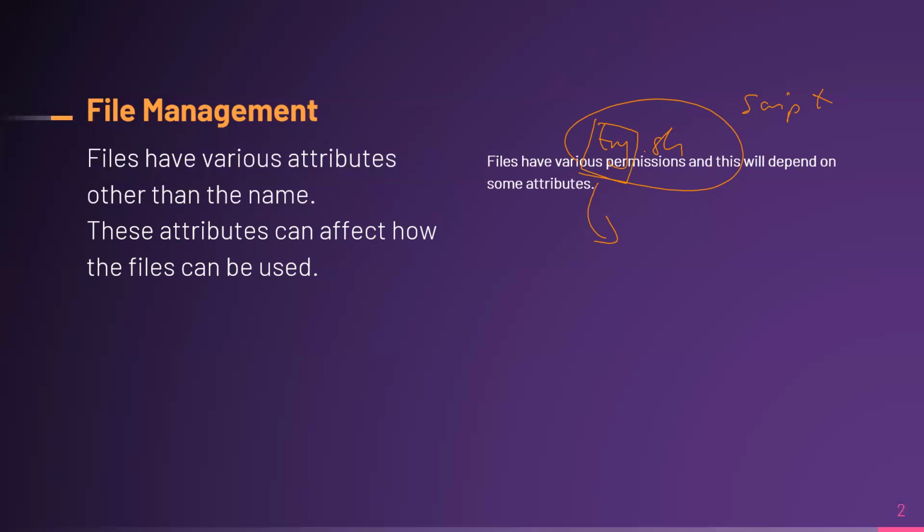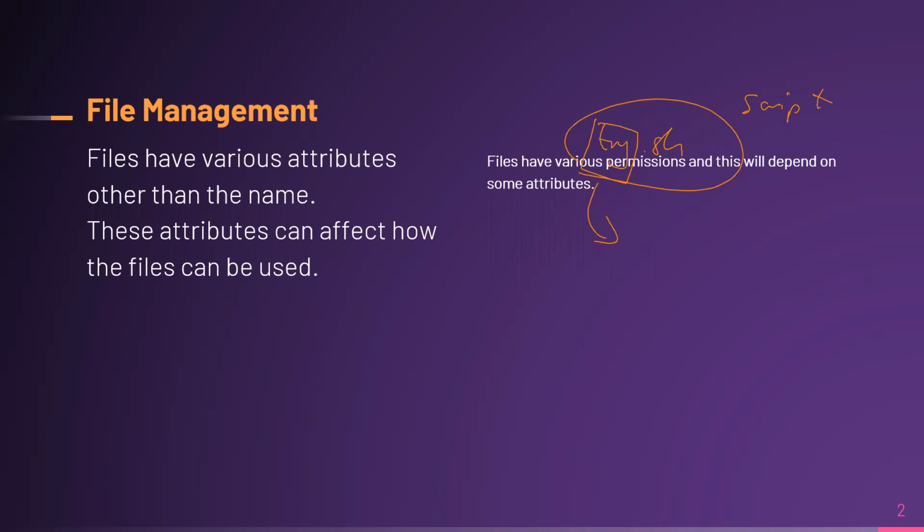Now, again, files have various permissions, and the permissions will depend on the kind of attributes that are set. So later on, we'll get to see that we have two main types of permissions: who the users are, and then also what they can do.